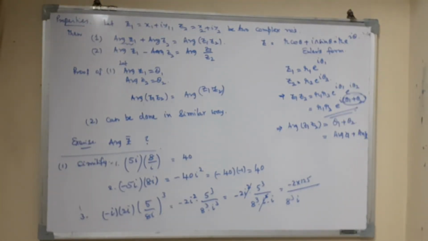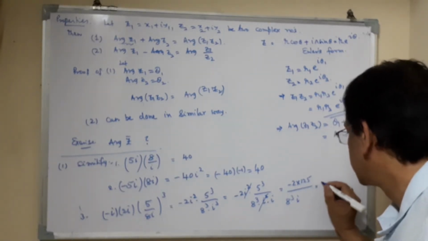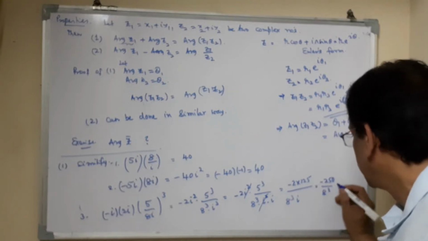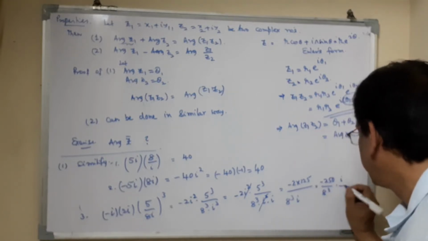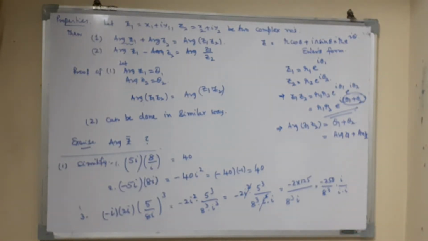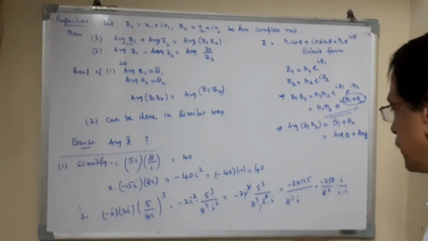If I want to write it in the form of a complex number, this is minus 250 by 8 cube i, multiplying i in the numerator and the denominator.